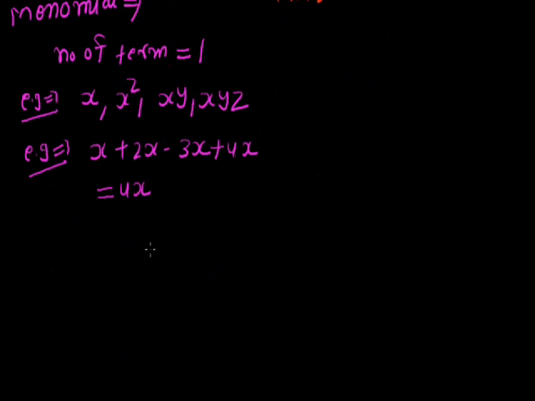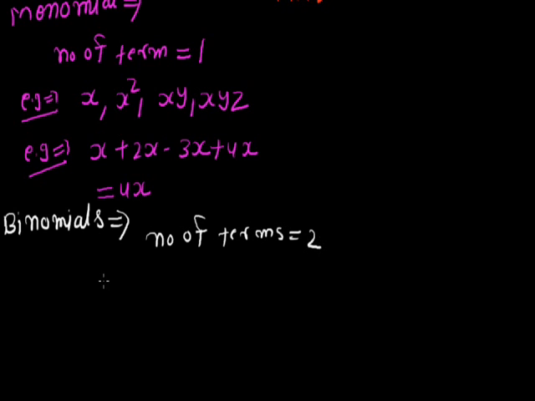Okay. Now we come to our other classification after monomial. What we have read? This is binomial. So how can we write about the binomials? Binomials means they have number of terms is equal to 2. Okay. Now what are the examples of the binomials?